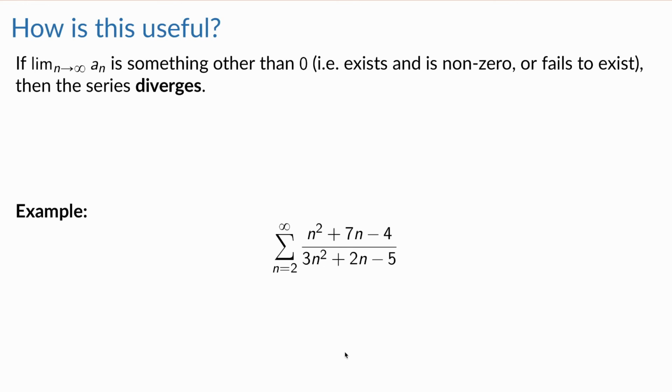Okay, so let's restate that cleanly on the next slide. The way it's normally stated is that if that limit is something other than 0, there are two essential ways that can happen.